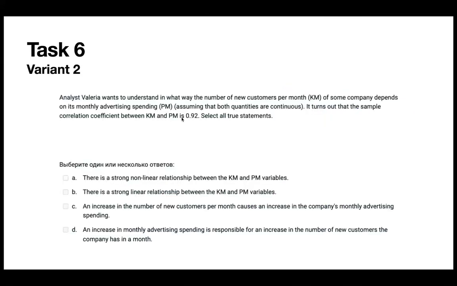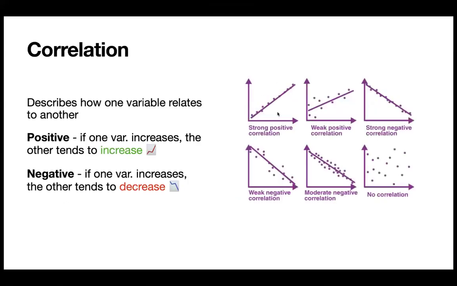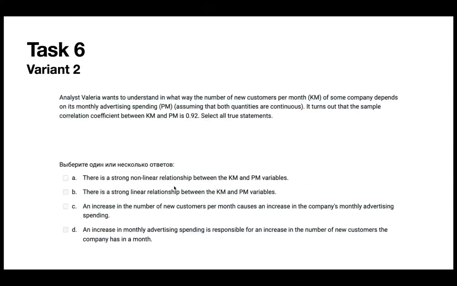And we have here almost correlation that is almost 1, and that's a very high value. So our values are something like that. And statement A is false.